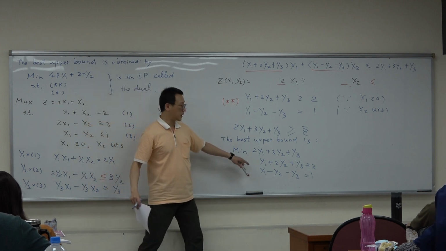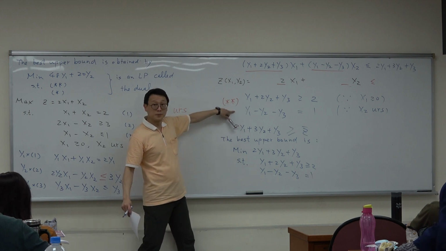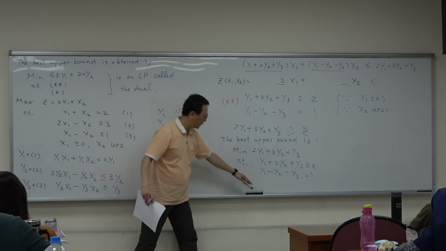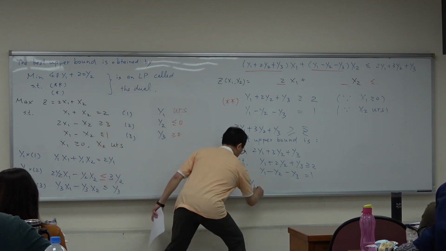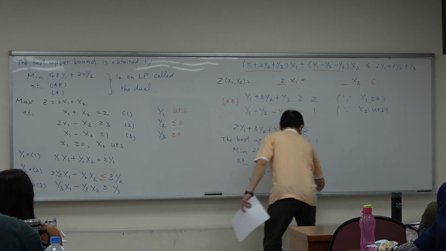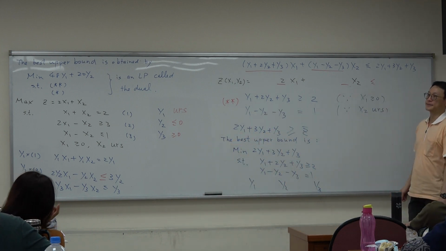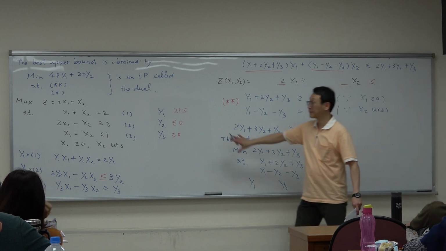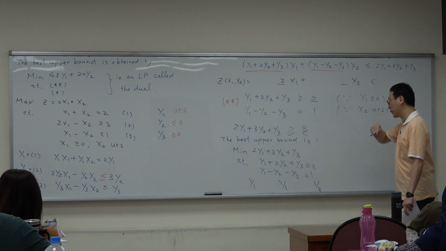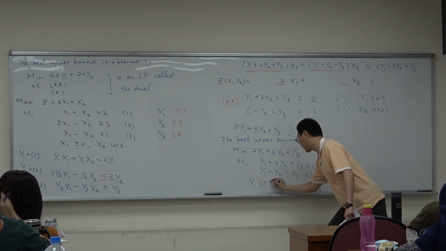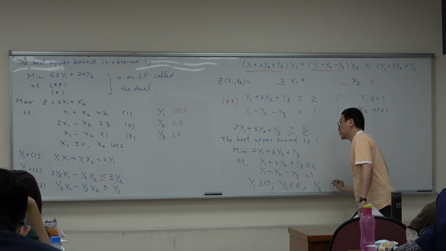So here we just copy the constraints from the double star. Do we have another constraint? For example, y1, y2, and y3. Here y1 is unrestricted, as we already determined in the very beginning when we tried to construct it. So y1 is unrestricted, y2 is less than or equal to 0, y3 is.